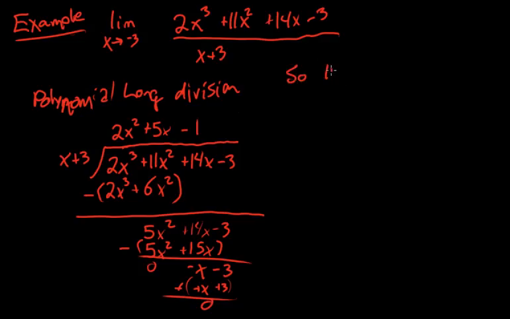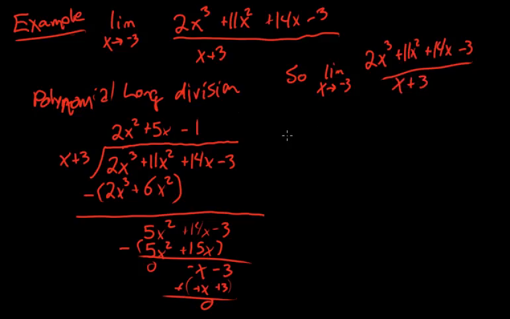So the limit as x approaches -3 of 2x cubed plus 11x squared plus 14x minus 3 over x plus 3 is equal to the limit of x approaching -3 of this multiplied by x plus 3.